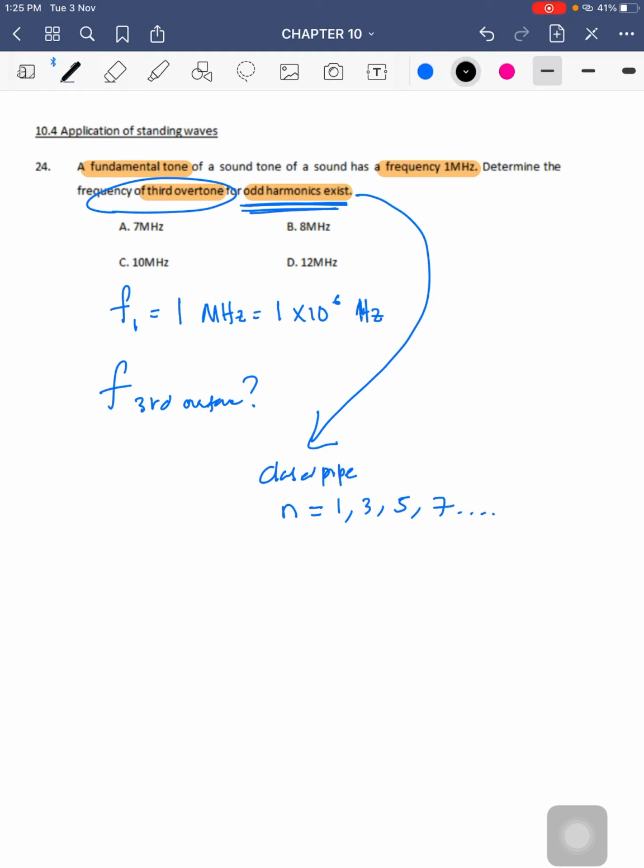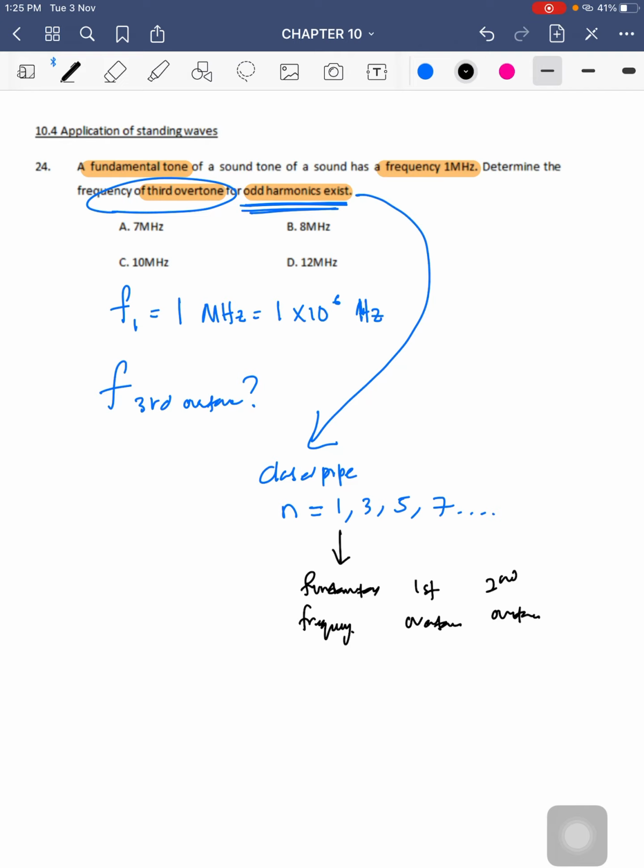Let's see clearly and carefully. The first harmonic, for sure, we call it the fundamental frequency. After the fundamental frequency, we have the first overtone. After that we have the second overtone.